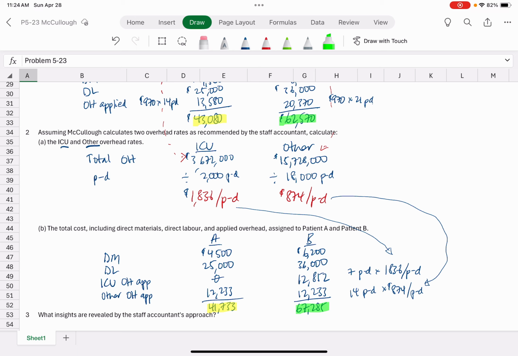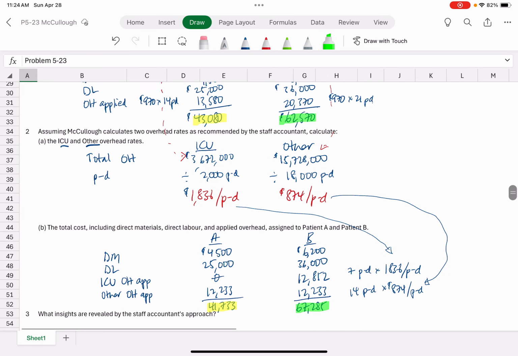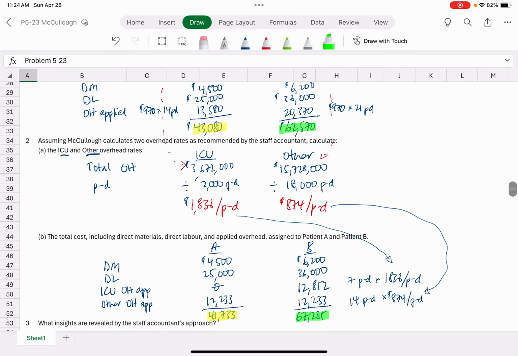And it makes sense because those patients are getting intensive care. So the overhead applied to them should probably also be at a higher rate. And we see that in the rates calculated here. Like, it's more than double. The overhead cost of having someone in the ICU is more than double.